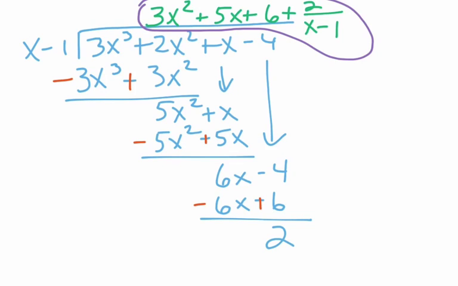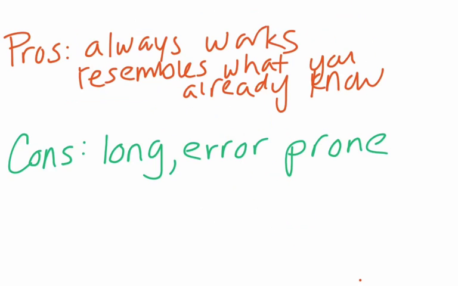You've got to come up with this number, then you've got to do multiplication, and you've got to do subtraction. There's just a lot of places where if you drop off one exponent or you get a plus confused with a minus, it doesn't take much, and then now the entire problem is wrong and you're lost in a quagmire. So anytime a problem is long, it's going to be error prone.